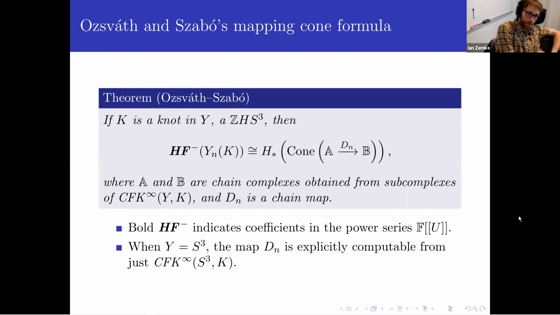As I alluded to, when you have a knot in S3, all of the maps are completely computable, up to an overall chain homotopy equivalence, as long as you know CFK infinity. So if you know CFK infinity of the knot, you can compute all the maps in the mapping cone formula. That's great for applications because you can compute the Heegaard Floer homology of all surgeries, as long as you know the knot Floer homology of the knot.